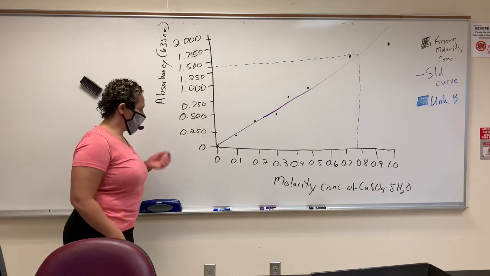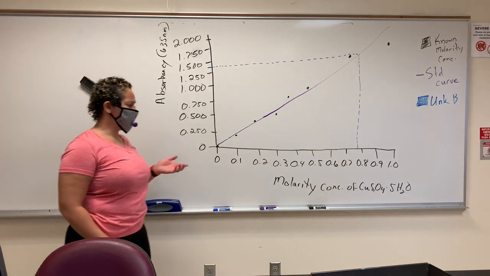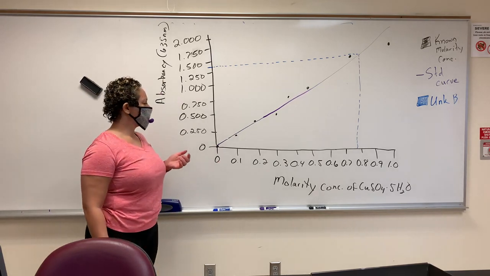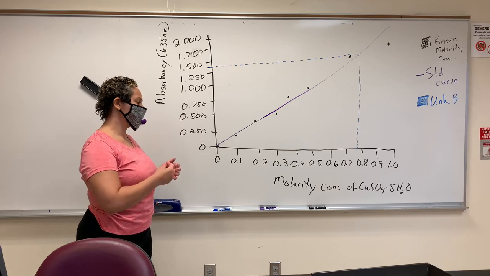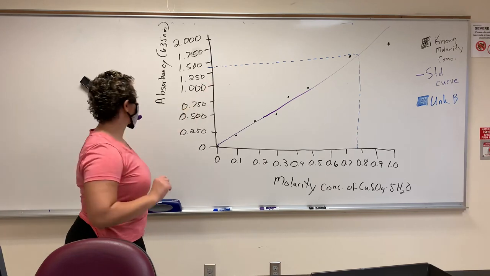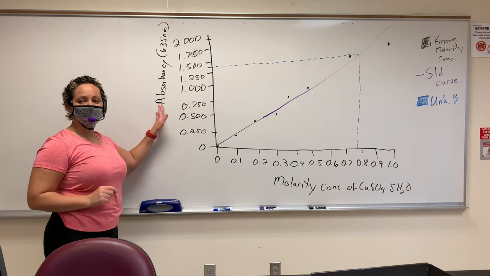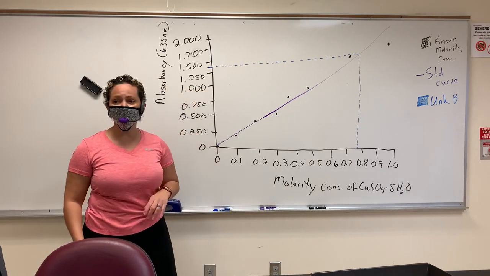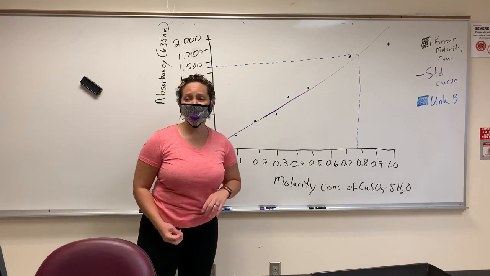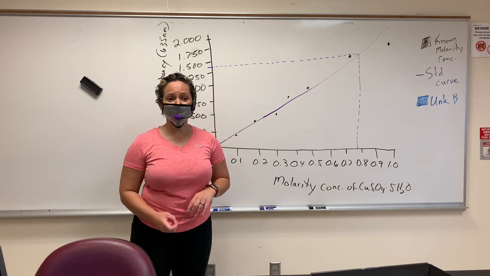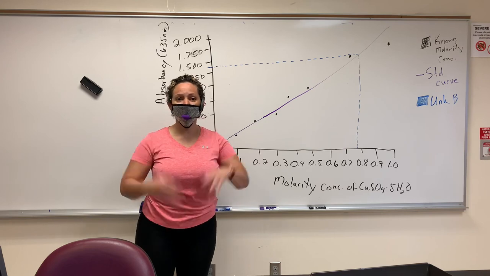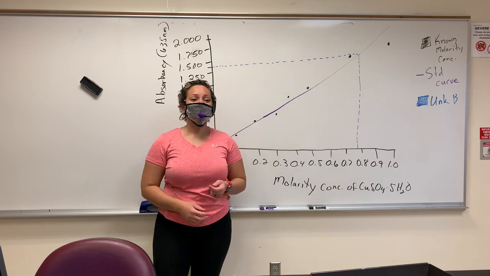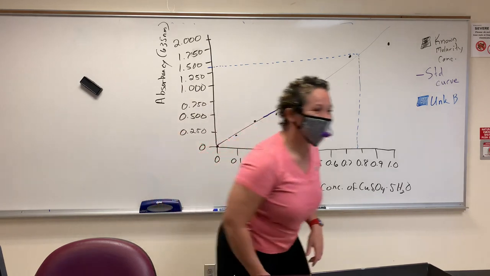So, known molarity concentrations of copper sulfate pentahydrate used to determine, let me start over. Absorbances of known molarities of copper sulfate pentahydrate used to establish a standard curve to predict unknown values of copper sulfate pentahydrate. Boom. I just took that, threw it in the title. Yeah, welcome to science. All right.